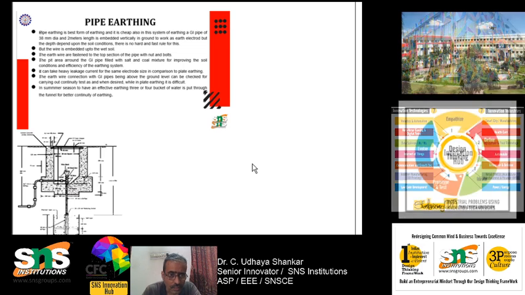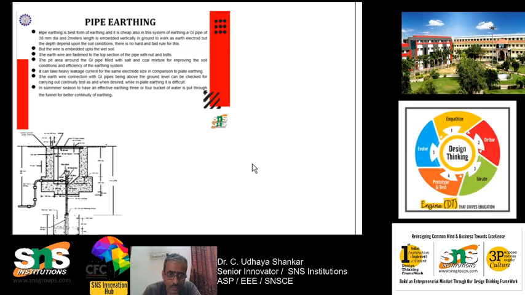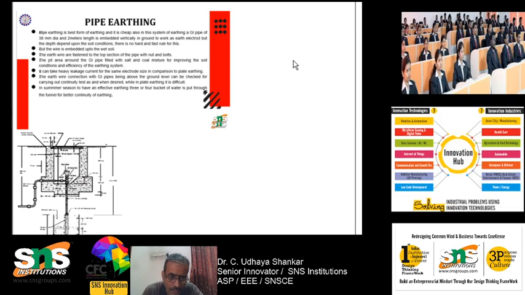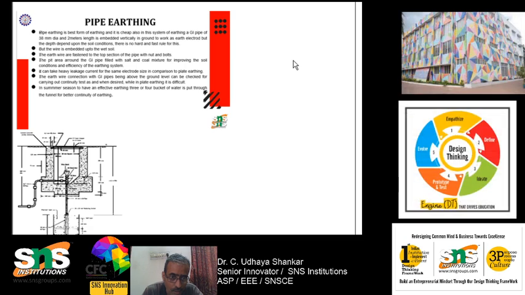You can see that pipe earthing is the best form of earthing, and it is cheap. In this system of earthing, a GI pipe of 38 millimeter diameter and 2 meters length is embedded vertically into the ground to work as the earth electrode. The depth depends upon the soil conditions; there are no hard and fast rules for this, but the pipe is embedded up to the wet soil.